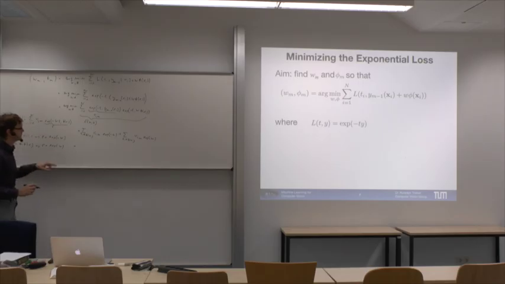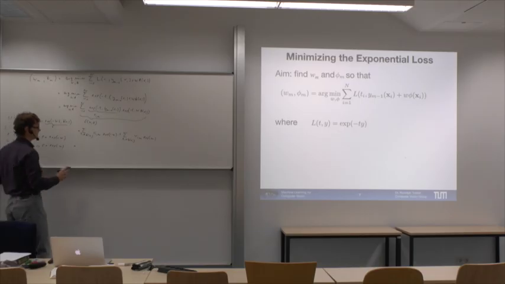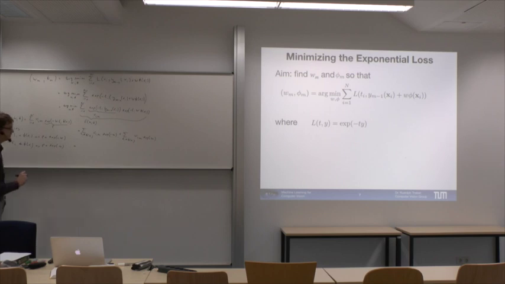Now the trick is to write this again as a sum over all n. So the first thing we can do is introduce the so-called indicator function. The indicator function is just written as an I, and the indicator function of A is 1 if A is true and 0 if A is false.